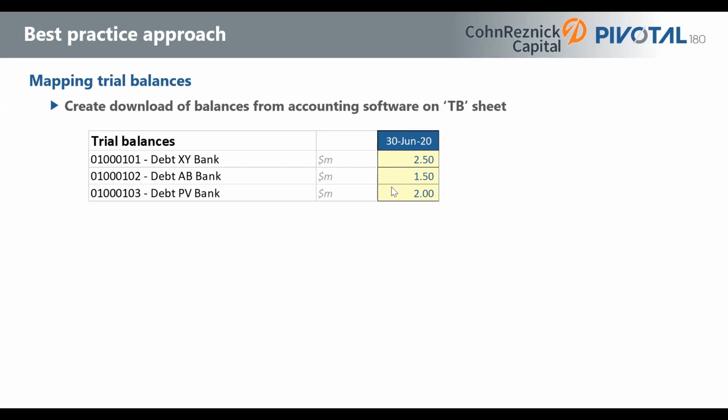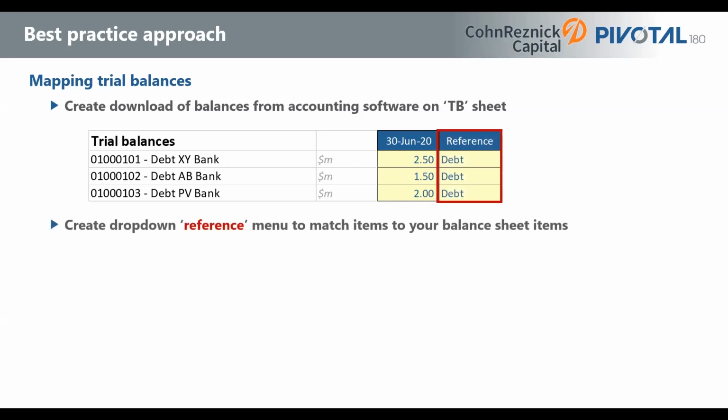So 30th of June 2020 is shown here, but you can have another column for when they download the period ending September 2020. What we have to do in the financial model is map these trial balances to our actual balance sheet, which is the simplified version of the balance sheet.